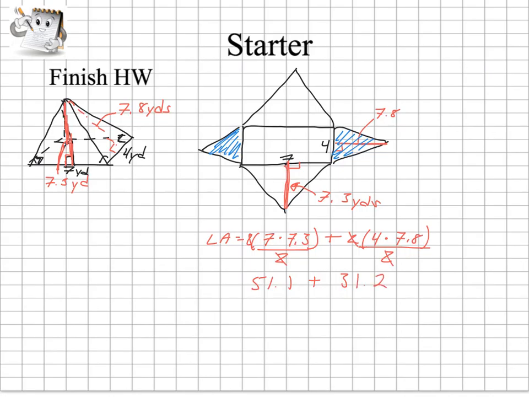Add those together, and that gives me a lateral area of 82.3 square yards.